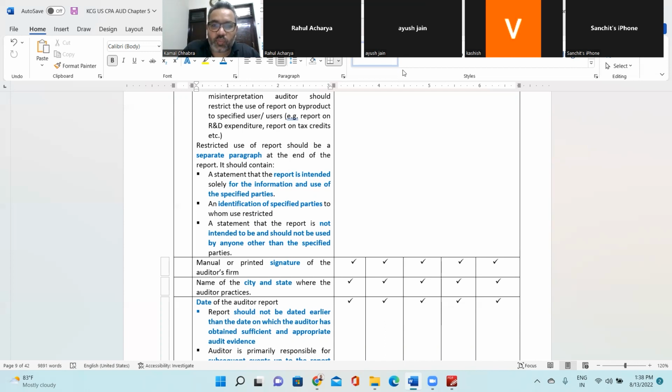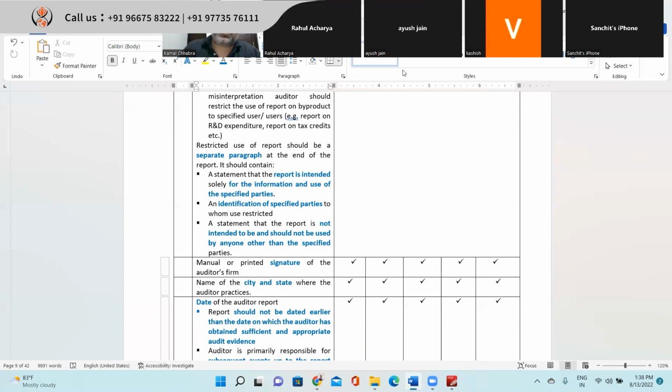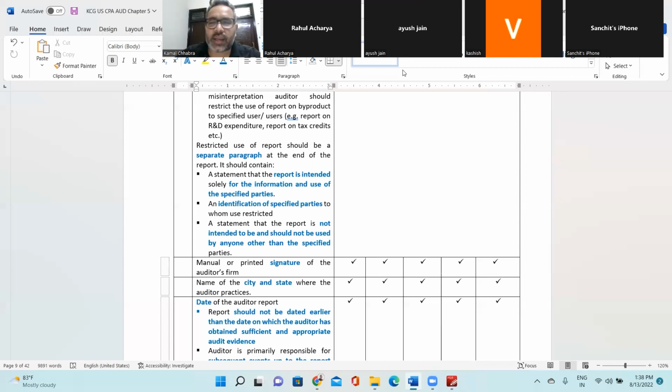Can you please explain this once more? So for example, let's say EY is the auditor of Amazon. Amazon has entities in 50 countries: US, Canada, Mexico, Australia, New Zealand, Europe, UK, Russia, India as well.